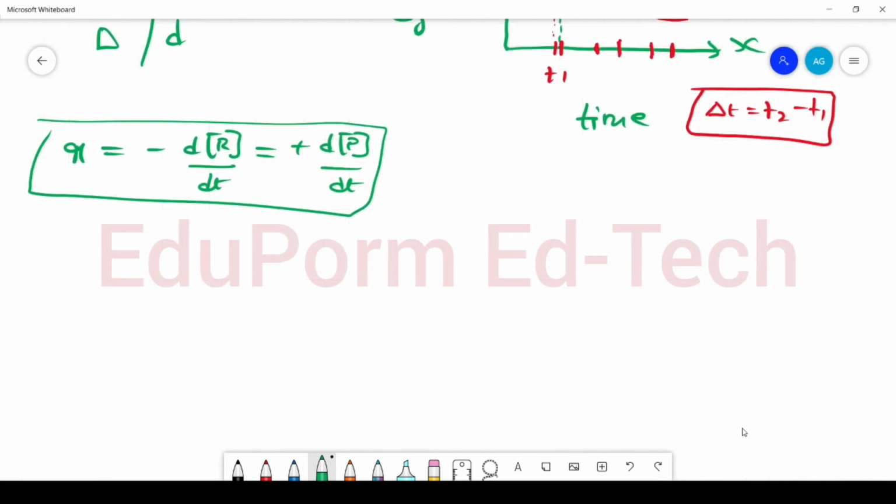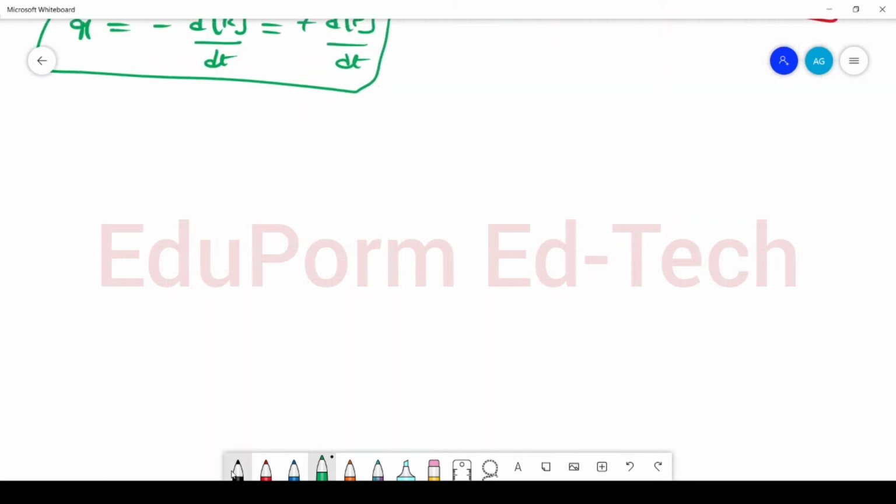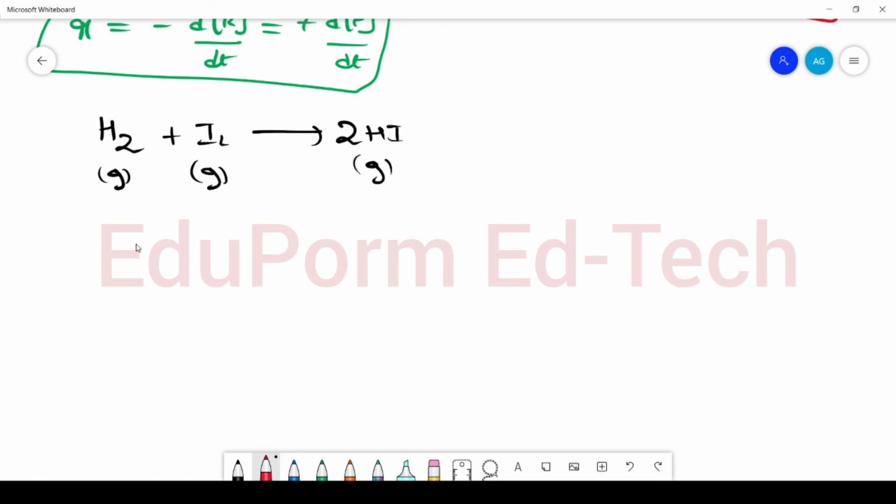Now I will represent a rate for a given reaction. So let's say the reaction is H2 gas plus I2 gas gives 2HI gas. As we discussed, the species on the left hand side are called reactants, and the species on the right hand side are called products.